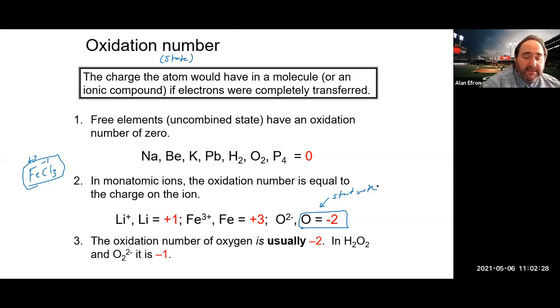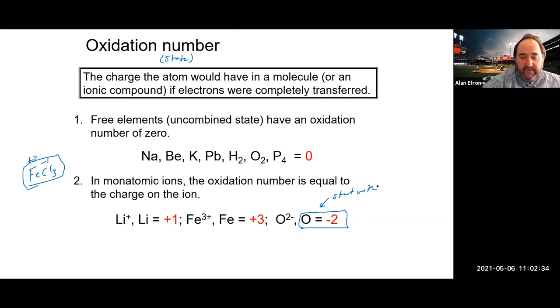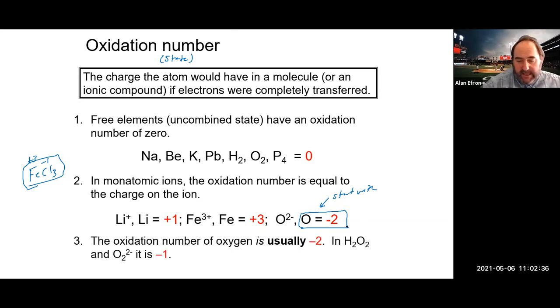That is because it is the peroxide ion, O2 2-, where oxygen is -1. So if you had H2O2, which is hydrogen peroxide, in this particular case, oxygen would be -1 and hydrogen would be +1. That gives you +2 and -2. Everything's balanced in this particular case.